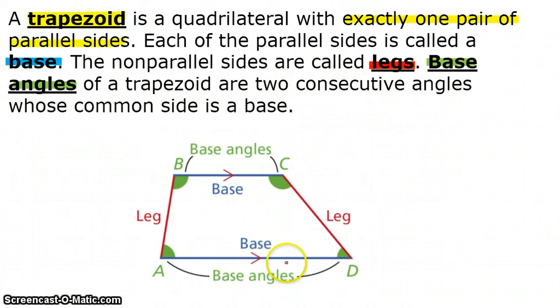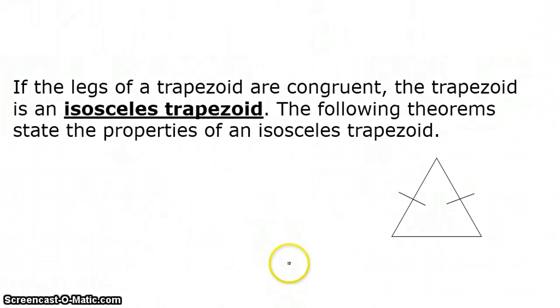Now we're going to look at a special type of trapezoid. We're going to look at the isosceles trapezoid. And I'm going to illustrate the isosceles trapezoid by using the knowledge that you already know about isosceles triangles. So I've drawn an isosceles triangle here, and we know it's isosceles because I have at least two sides congruent.